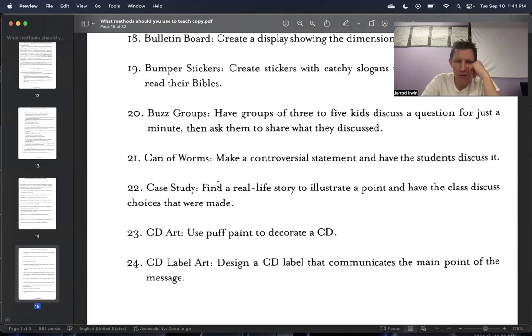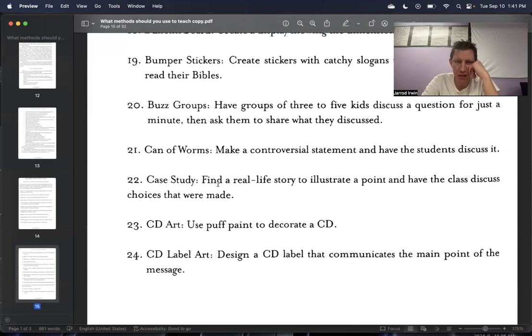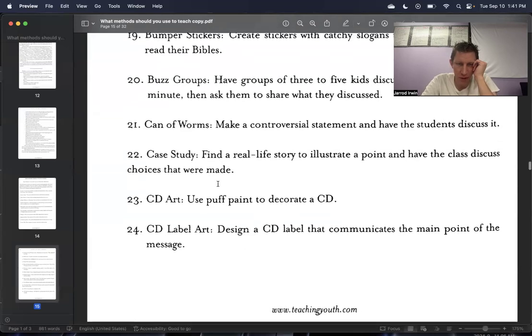Buzz groups: have groups of 3 to 5 kids discuss a question for just a minute, then ask them to share what they discussed. So I think that could be good if you have a larger group and you want to create some discussion. I've seen that used somewhat, break them down into smaller groups.